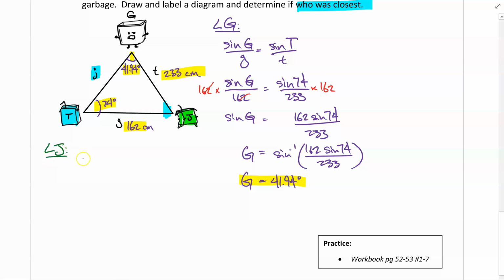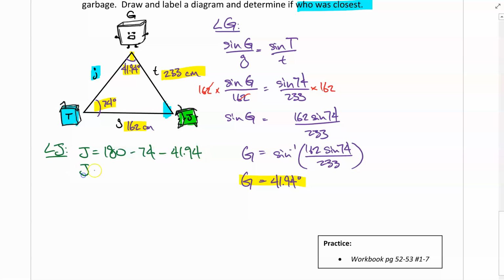Angle J is a result of, you can write J is equal to 180, subtract the 74 that we got and also the 41.94, if I can write that properly.